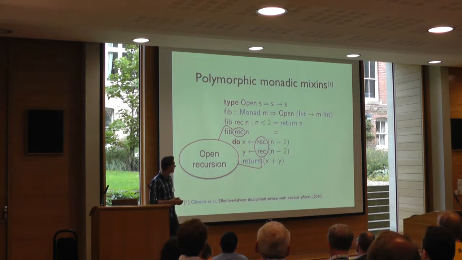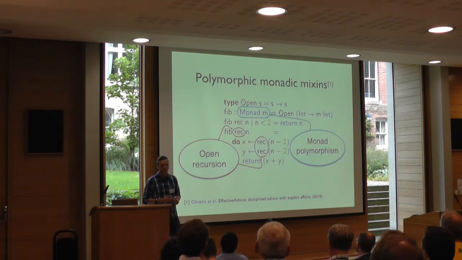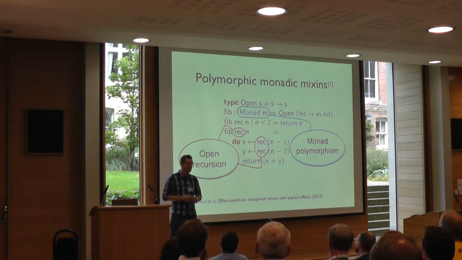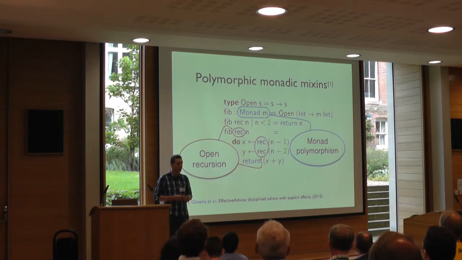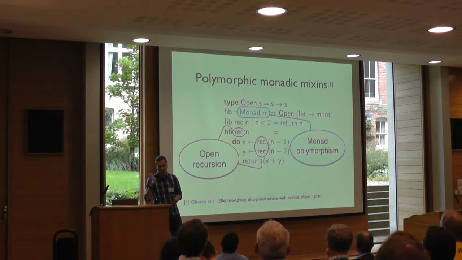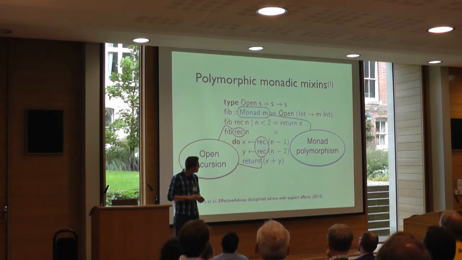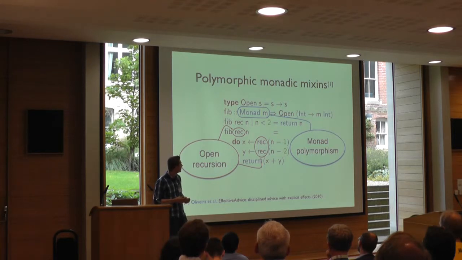Another thing is it's written in monadic style. So we have a monad M, but we don't really use any specific monad operations other than return and bind. So it can be any monad, and we're polymorphic in it. Essentially, fib doesn't produce any side effects except for those that arise from the calls to the oracle.